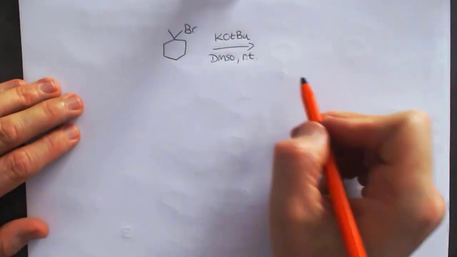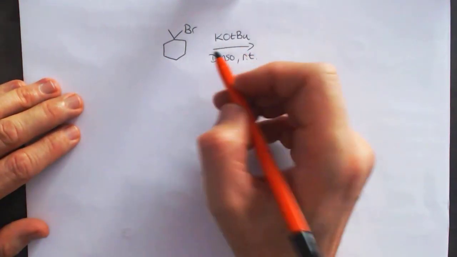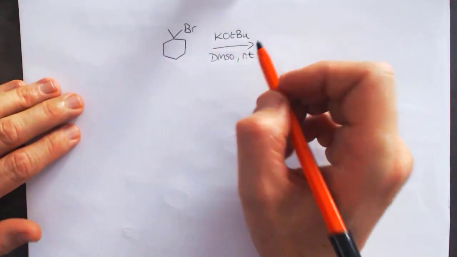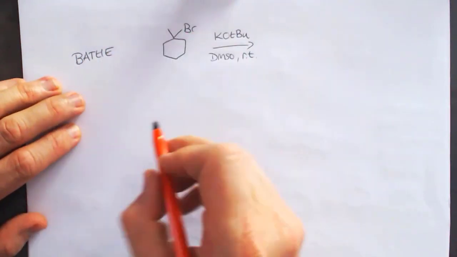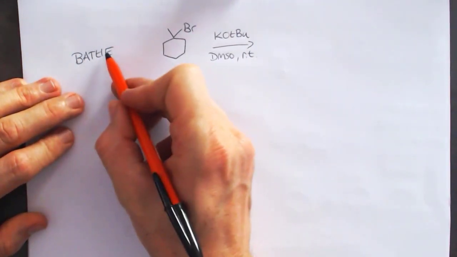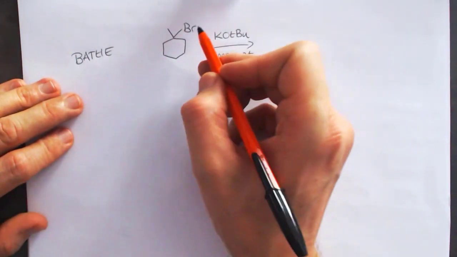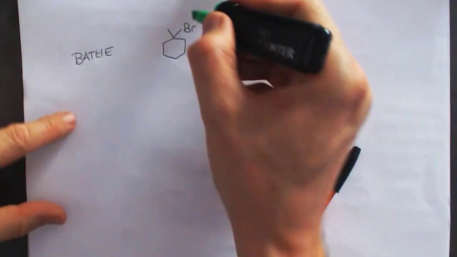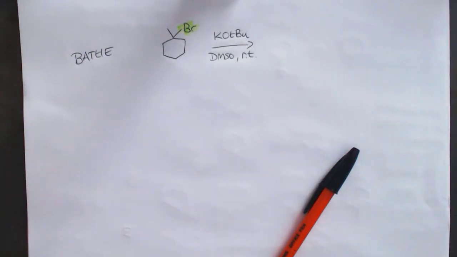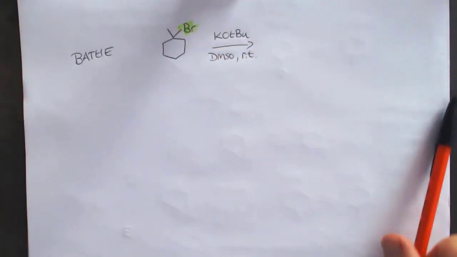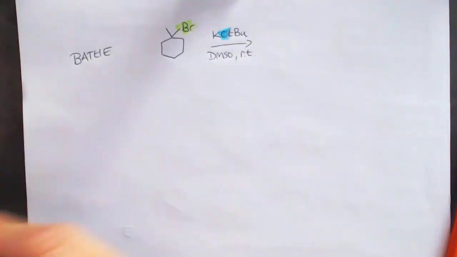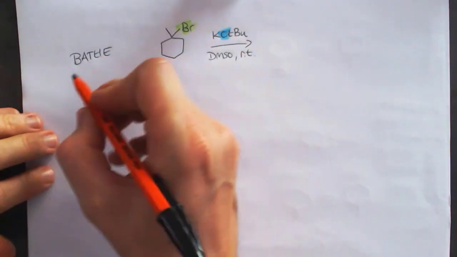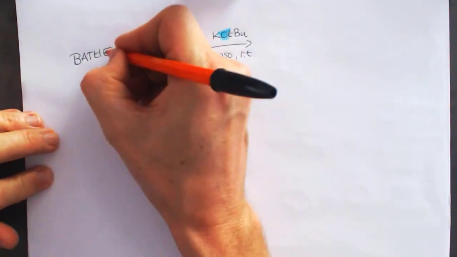All right, in this reaction, if we analyze what's going on, we use our acronym and have a look. Is elimination a possibility? Yes, we have a leaving group, and we also have a nice strong base. So definitely elimination.